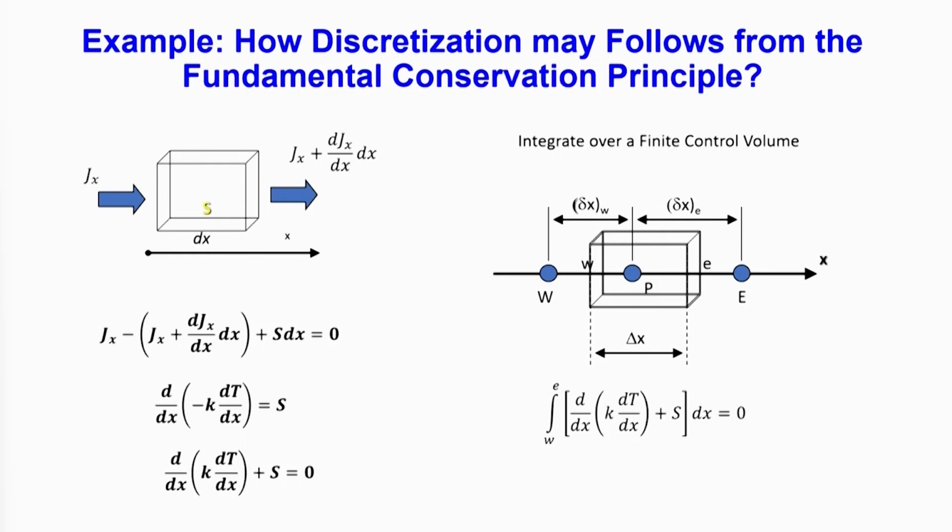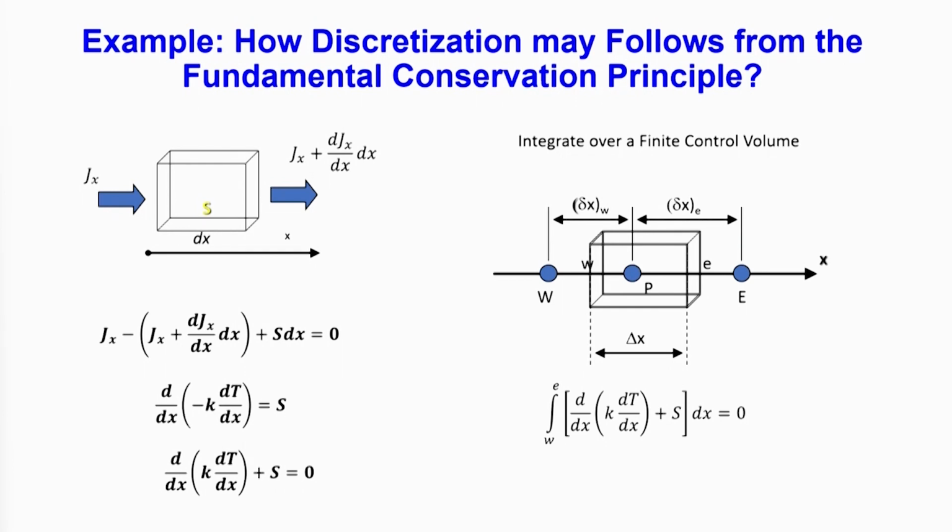In that way we are representing the flux J, and in the heat transfer problem J is minus k dT/dx, this is Fourier's law of heat conduction, where k is the thermal conductivity. If you now substitute d/dx of that J, where J is minus k dT/dx, and S is the source term, you have d/dx of k dT/dx plus S equal to 0.